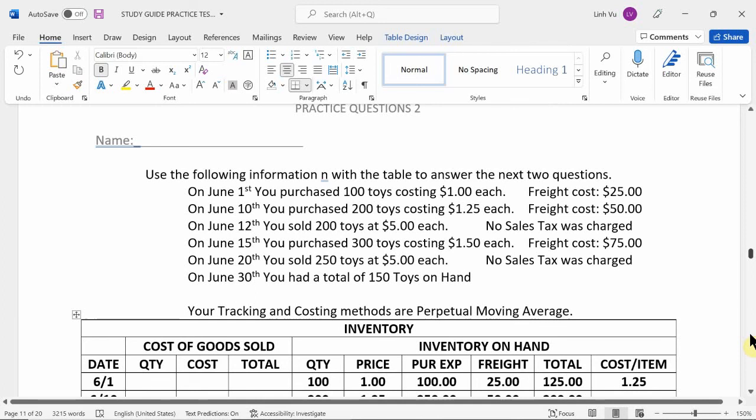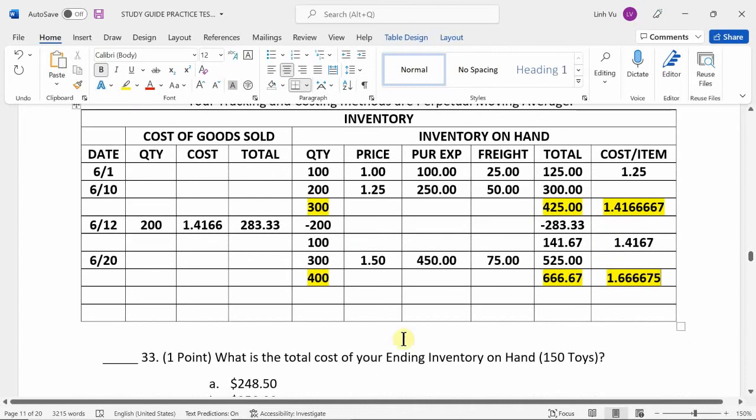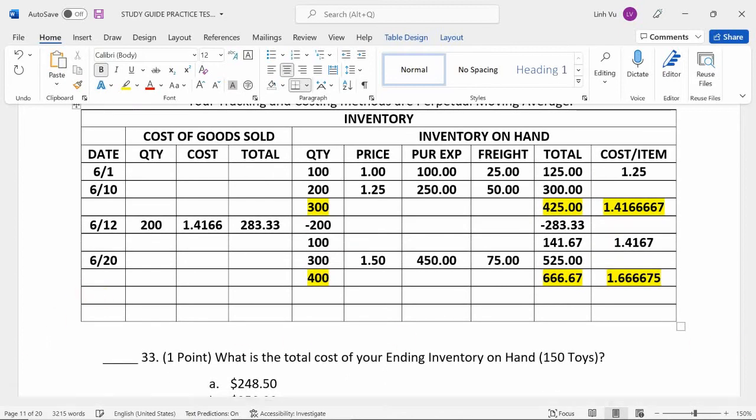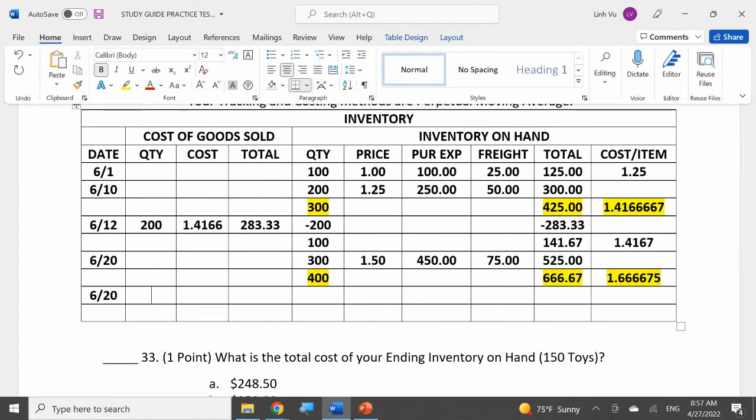So the last one says here that on June 20th, we end up selling 250 units. Okay, so June 20th, we sold 250 units at $1.6666, so on and so forth.